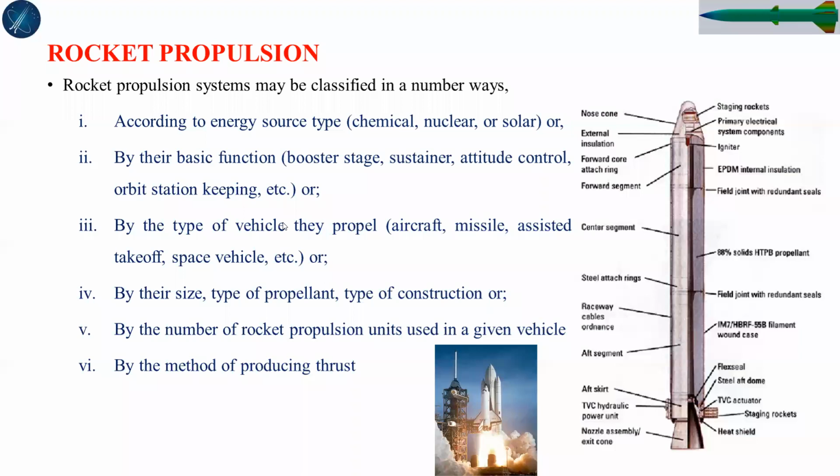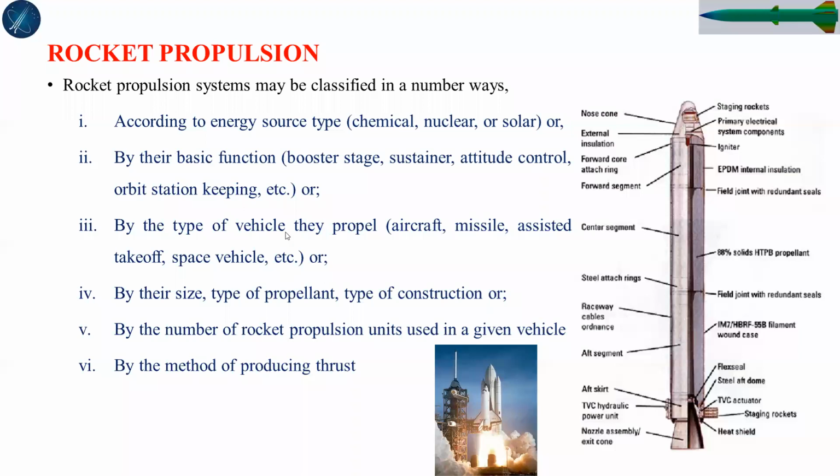The boosters will send the rocket up and then they will remain. And others are sustainers. And we can classify them again as attitude control, orbit station keeping rockets, and so on.